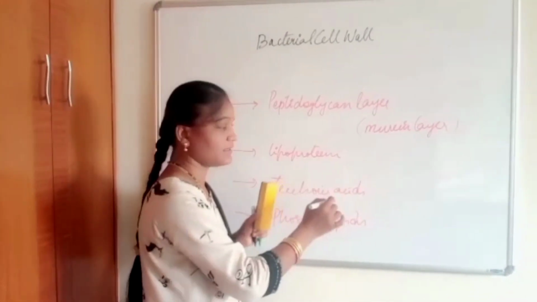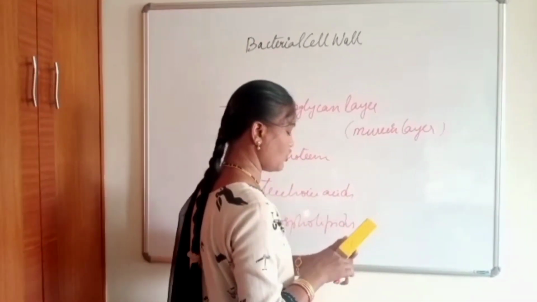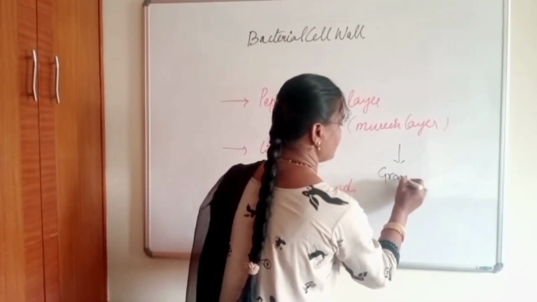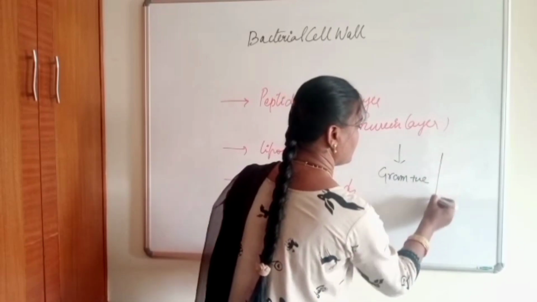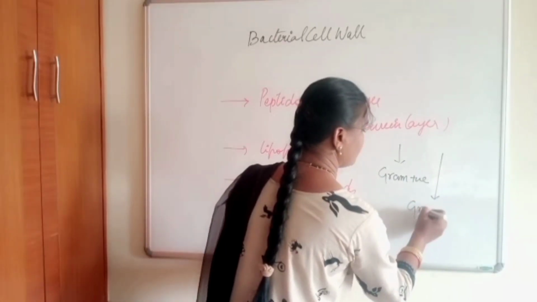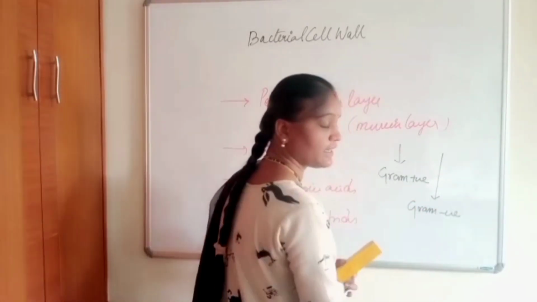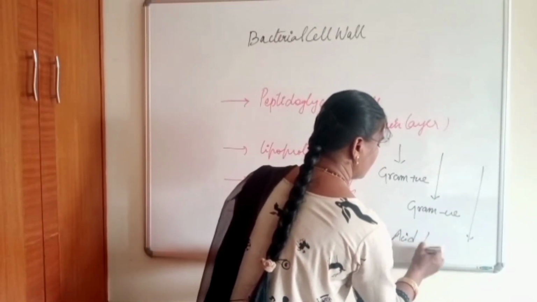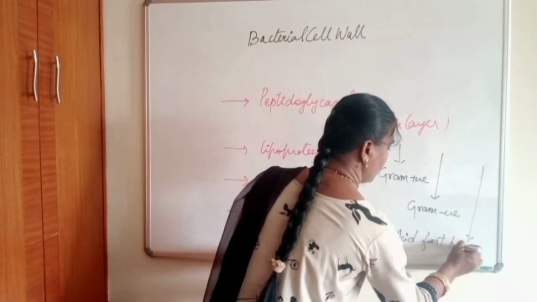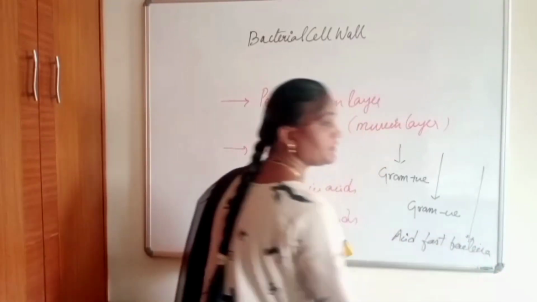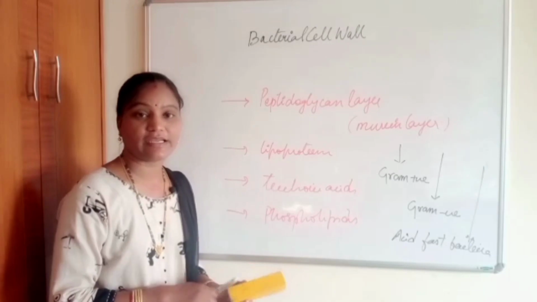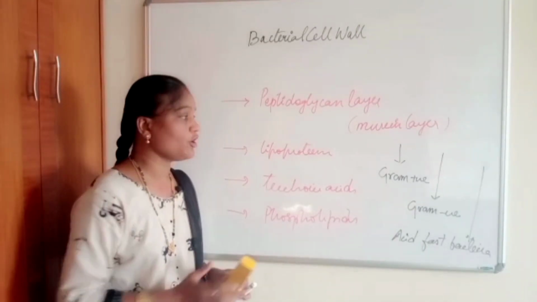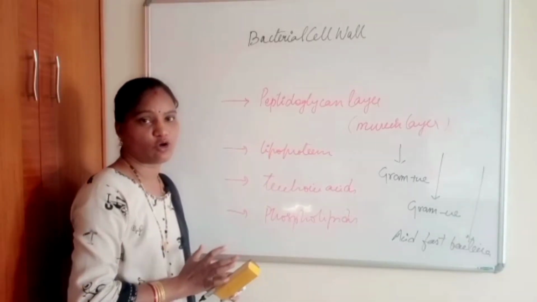That is gram positive bacteria, gram negative bacteria and acid fast bacteria. These are the three different types of bacteria that are classified based on your cell wall composition.